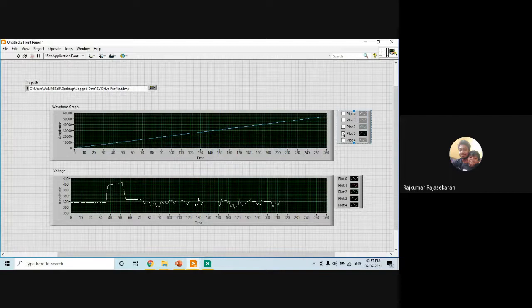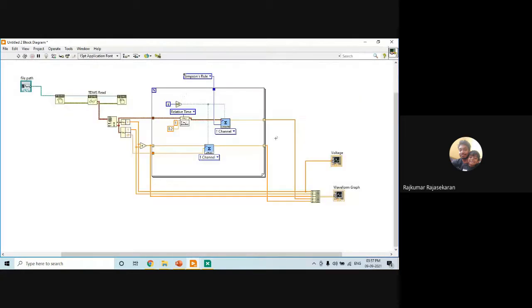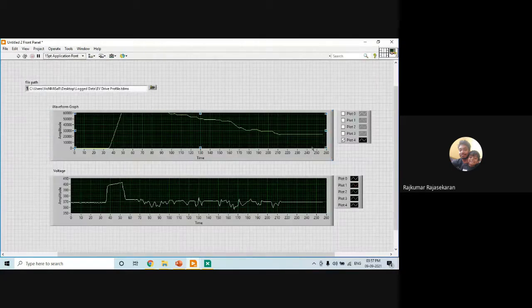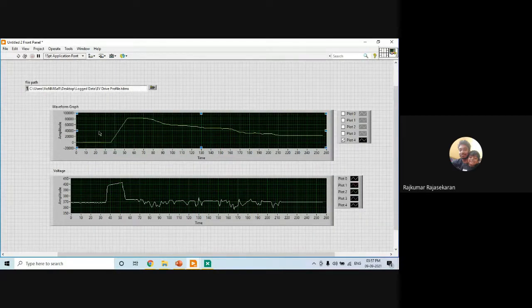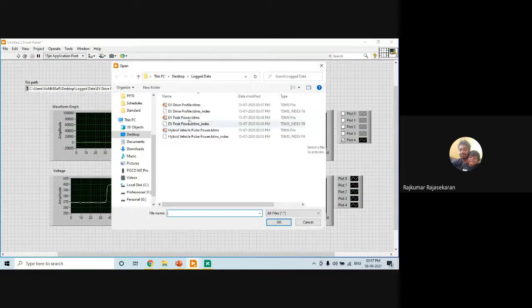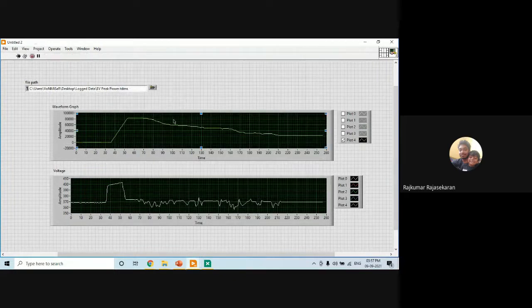For example, this is for energy. You can auto scale it, so it's going to automatically adjust. This is peak power.